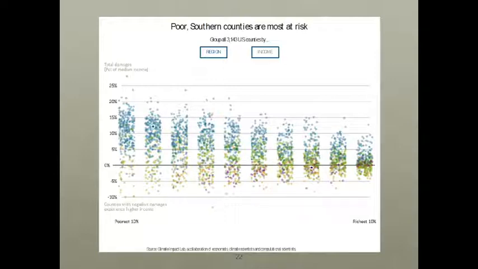Okay, so the wealthier the county, the less impacts they are gonna get, and the poorer the county, the higher the damages that they can expect.